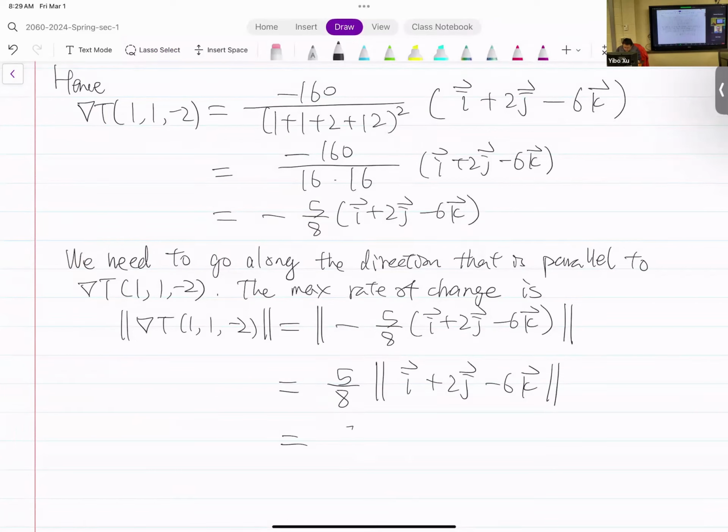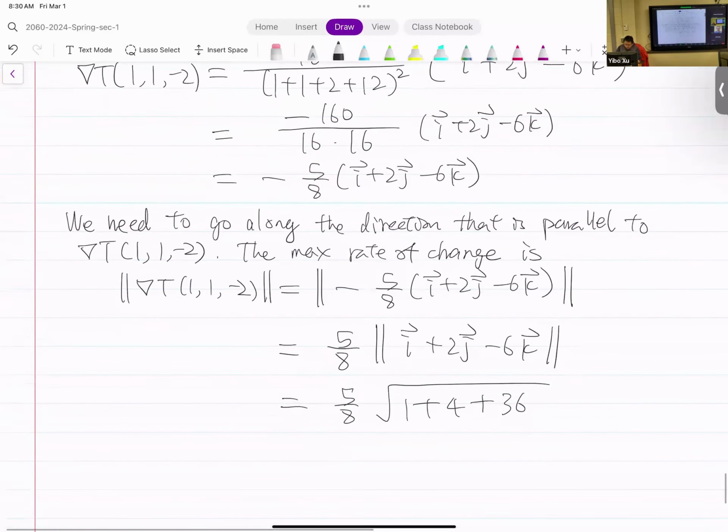But that's not really difficult because we have just 1, 2, -6, right? So it's the square root of the sum of squares of these components. So 1 plus 4 plus 36, 6 squared, so this is actually 41 under the square root.